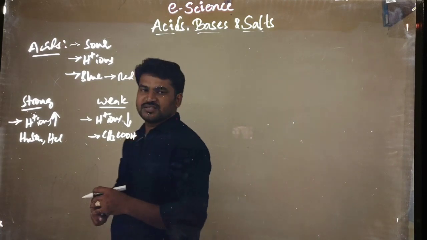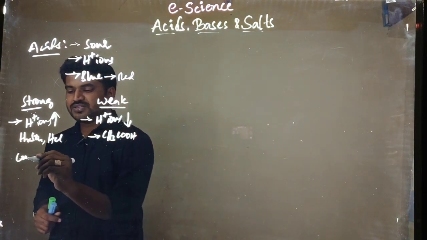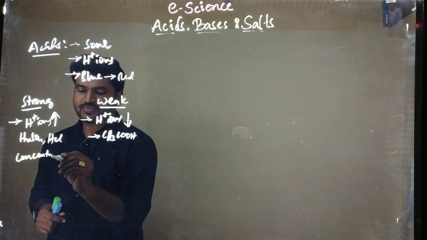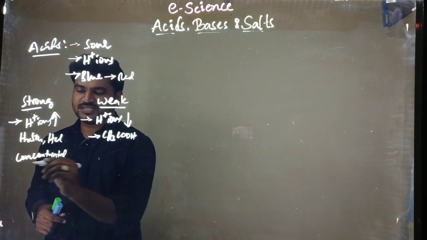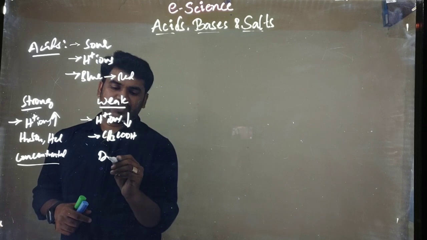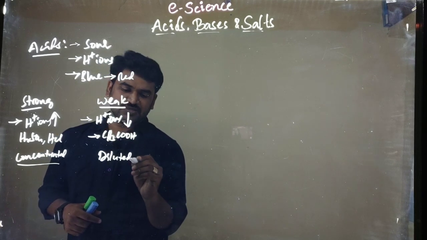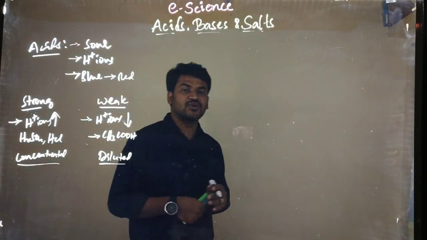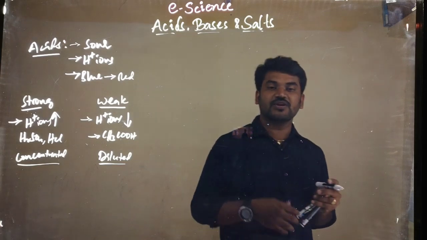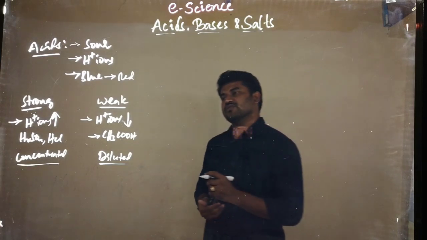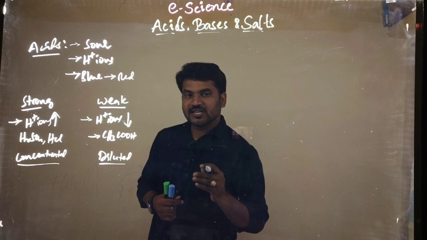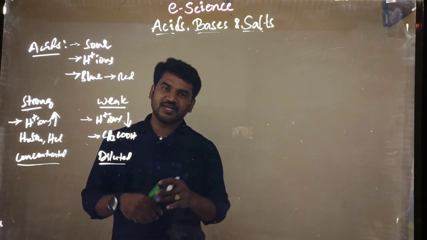One more type of acids is concentrated acids and diluted acids. What is meant by concentrated and what is meant by diluted? Just now we discussed that when acids dissolve in water, they release H plus ions.